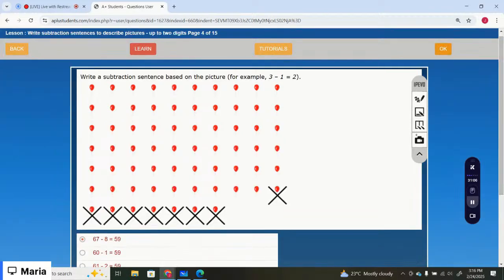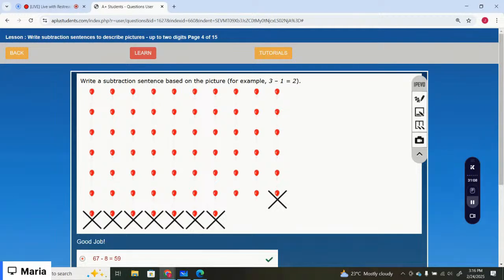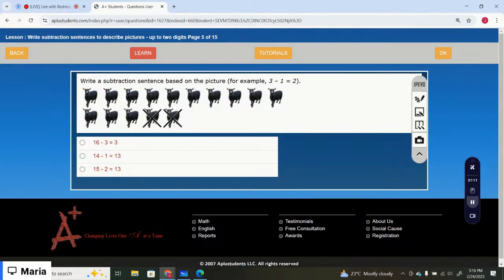Option number 1 is the correct option. Write a subtraction sentence based on the picture. That is 15 take away 2 equals 13. Option number 3 is the correct option.